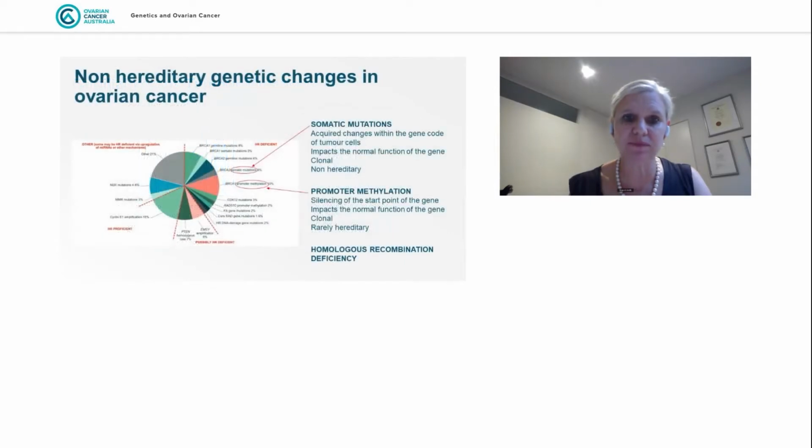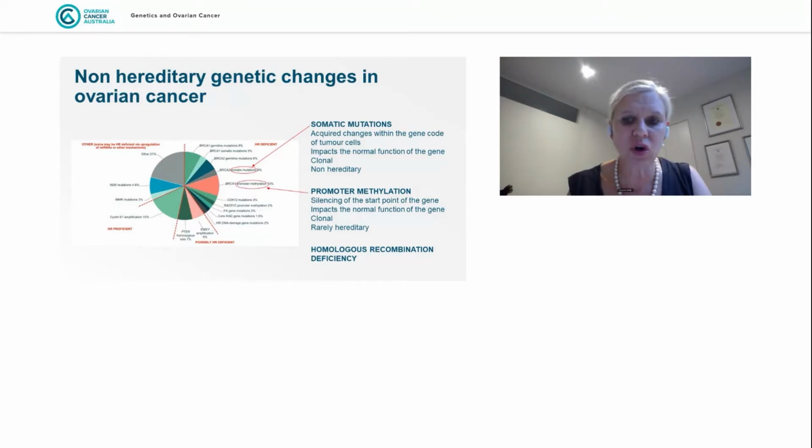So non-hereditary genetic changes occur in ovarian cancers as they do in all cancers. These genetic changes can be what we call somatic, so they're acquired changes within the genetic code of tumour cells, and it impacts that normal function of the gene.